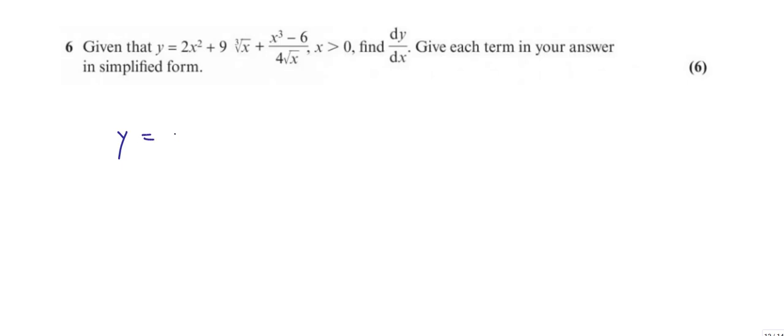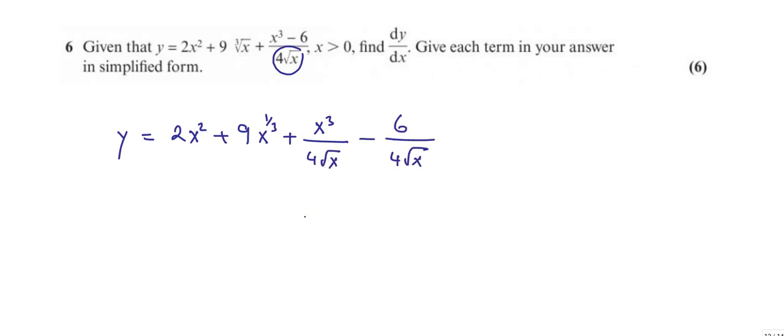So y equals 2x squared. I'm not differentiating, I'm just rewriting the equation in a more appropriate form. So this is x to the power 1 over 3, cubic, 1 over 3. We all know that. Plus here, guys, again, how to simplify this? I have one term down, so divide. Take x cubed divided by this, and take the 6 and divide it by the radical.